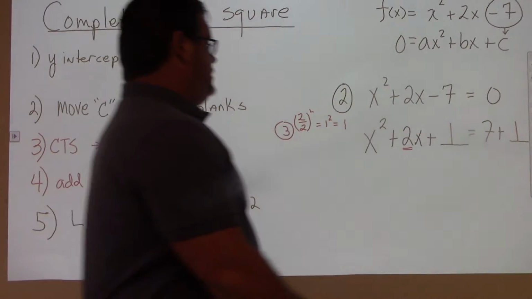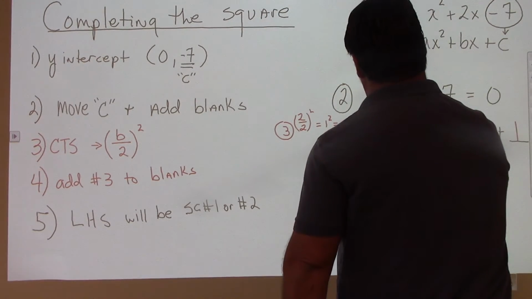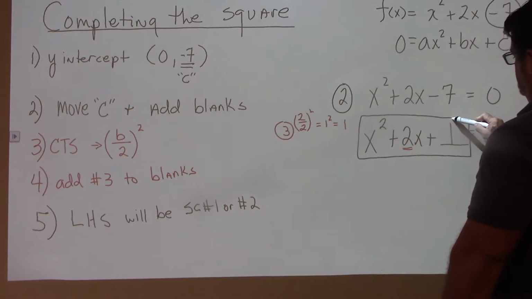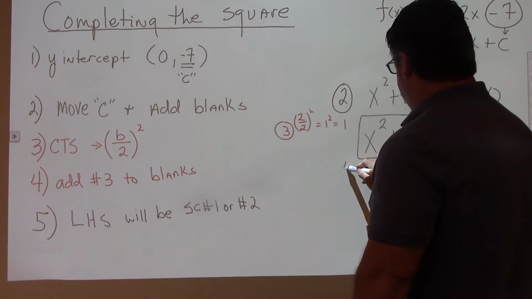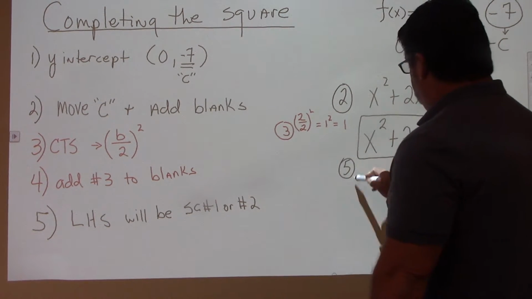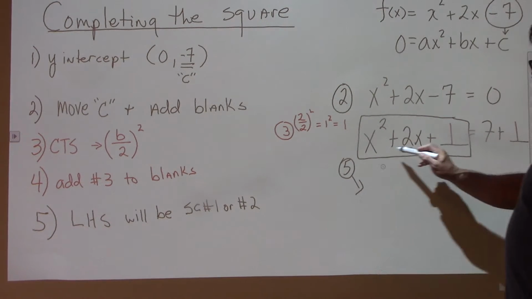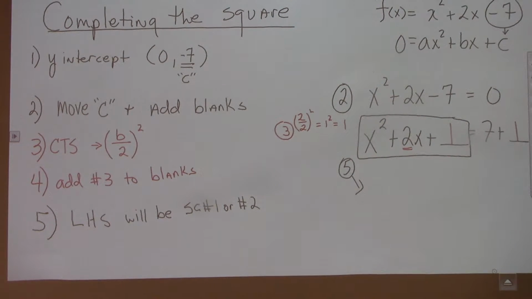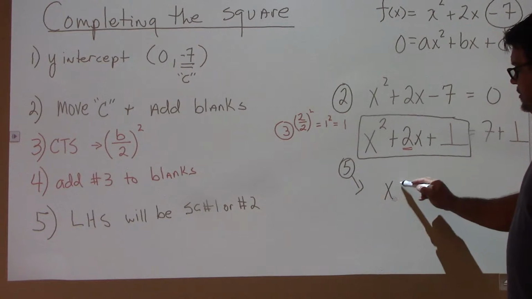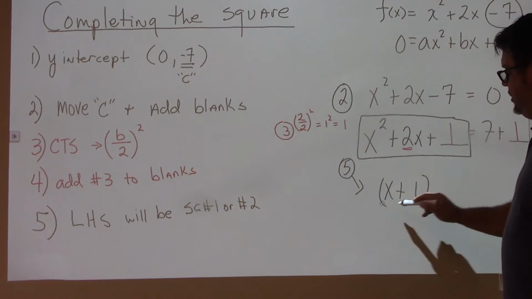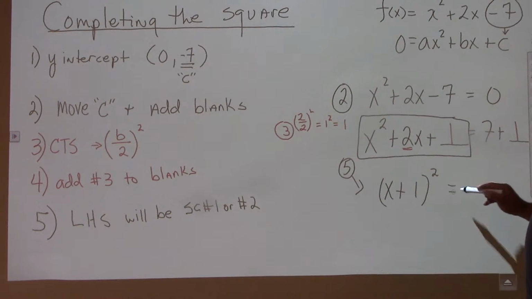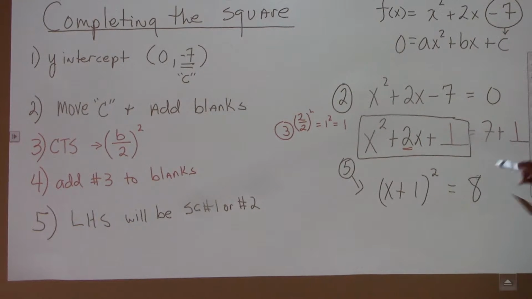So, this is number 5. What will that give us right here? X plus 1 quantity squared is equal to what? 8.